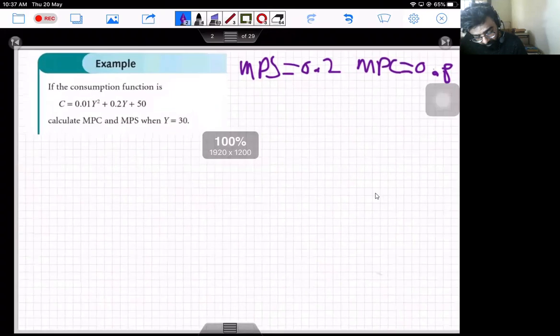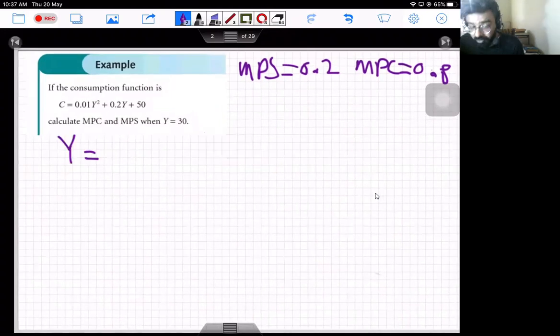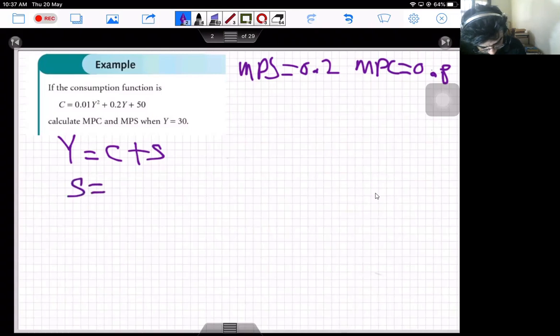So basically what we know is that income is equal to consumption plus savings. If we make savings the subject, we get income minus consumption. S is equal to Y minus C. Savings is equal to income minus consumption. And what we know is that consumption as a function of income is 0.01 times Y squared plus 0.2 times Y plus 50.